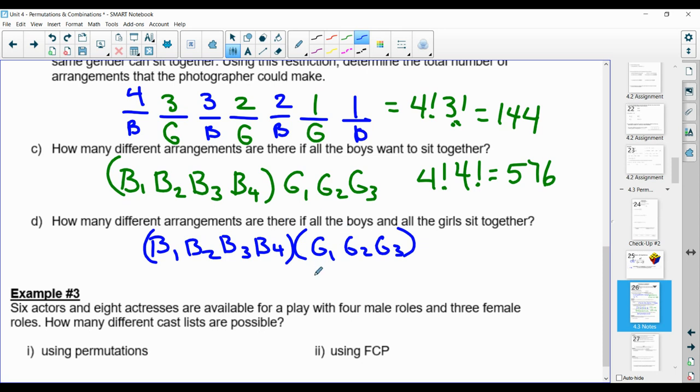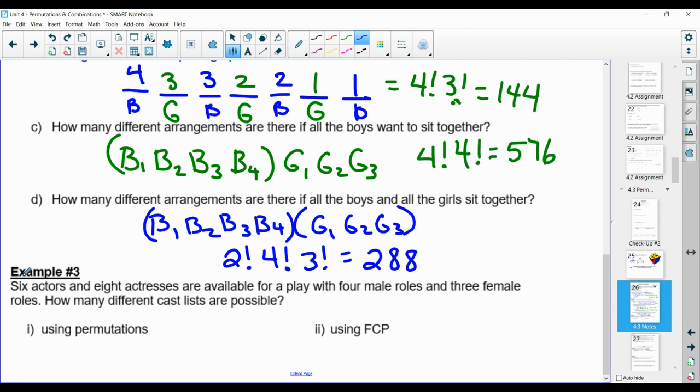They could be sitting boy girl or girl boy, so that's 2 factorial. Within the group of boys, we can arrange them 4 factorial ways, and within the group of girls, 3 factorial ways. So we have 2 factorial times 4 factorial times 3 factorial, which gives us 288. Again, these can be done by writing out using the fundamental counting principle, but often factorial notation can simplify it more.